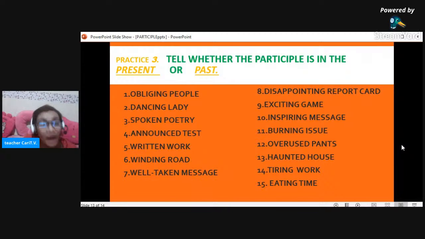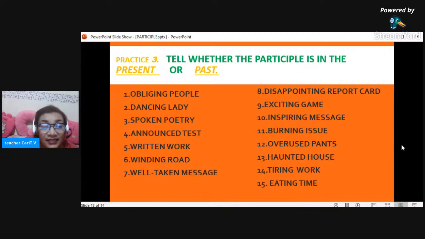And then for practice 3, very easy. You just need to tell whether the following is a present or a past participle. Remember, a present participle ends in ing, or it's still in the present continuous action.